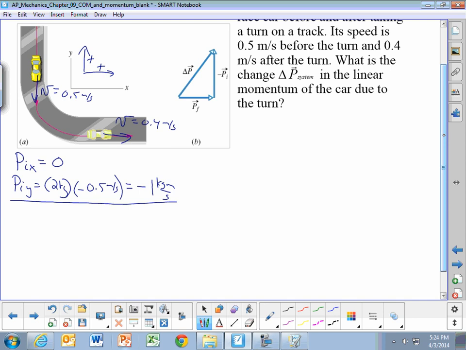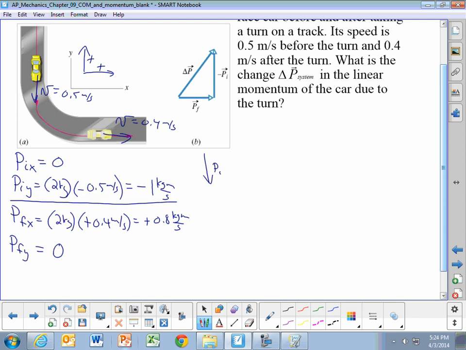After the turn, the final momentum in the x direction is 2 kilograms times positive 0.4 meters per second, which is positive 0.8 kilogram meters per second. And the final y momentum is 0. So the initial momentum is straight down. The final momentum is to the right.